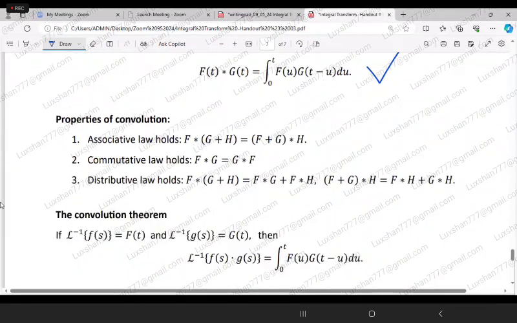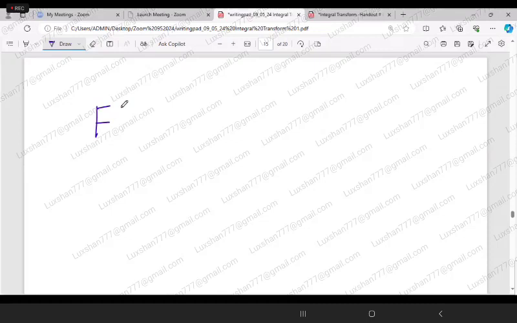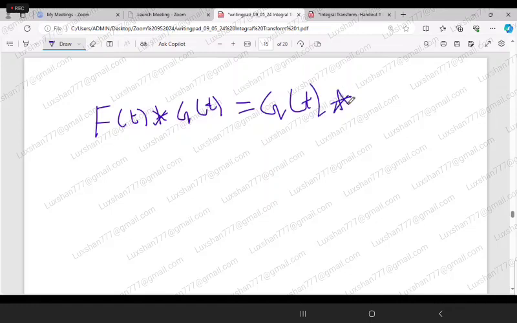Then convolution actually satisfies these conditions. If you have three functions, f star (g plus h), the associative law holds for convolution. Commutative law also holds for convolution. What is the meaning of commutative? Convolution commutative means that f(t) star g(t) equal to g(t) star f(t).